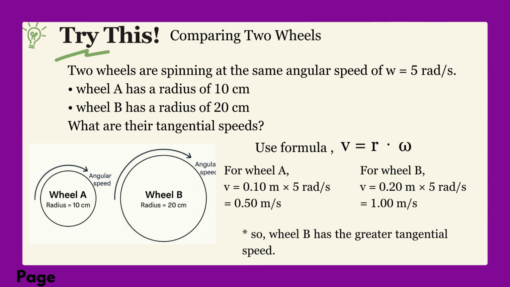So even though both spin at the same angular speed, wheel B, with the larger radius, has the greater tangential speed. This proves that tangential speed depends on both the radius and angular speed.